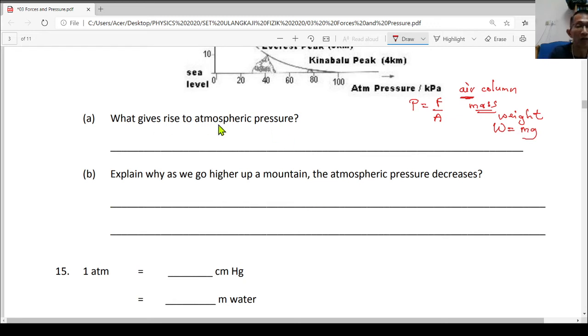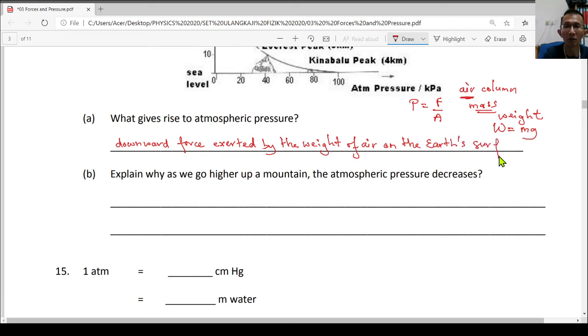So what gives rise to atmospheric pressure? It is due to the downward force exerted by the weight of air on the Earth's surface.